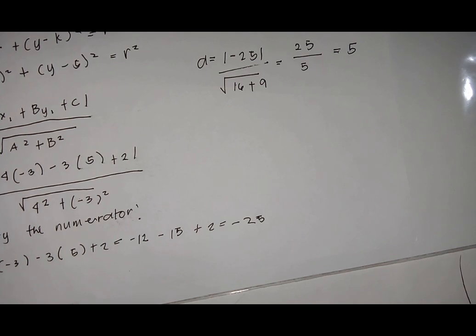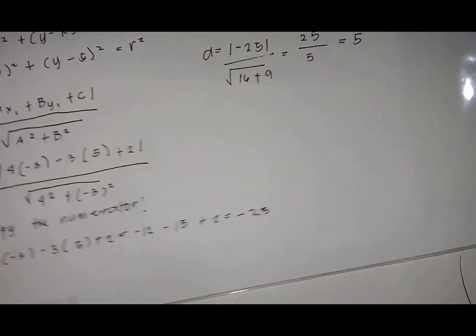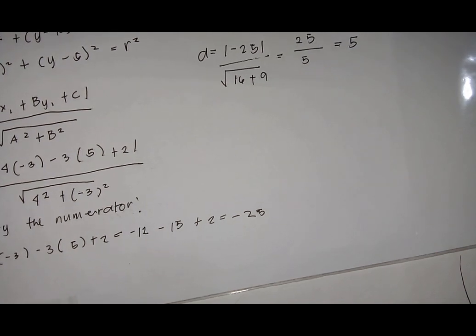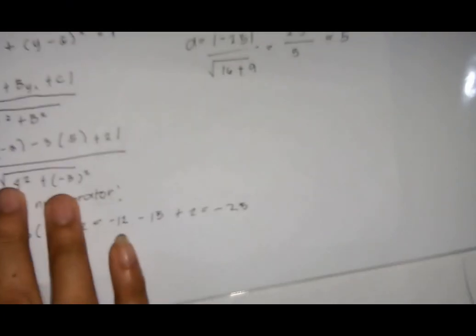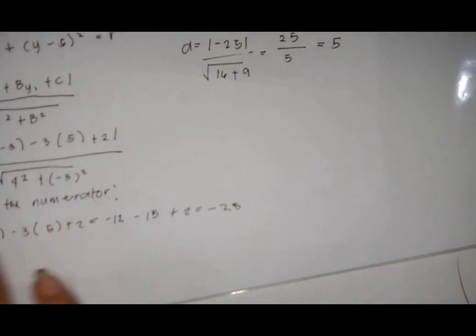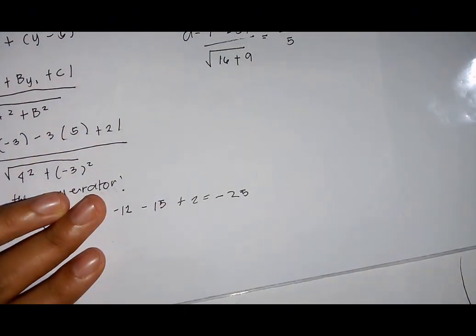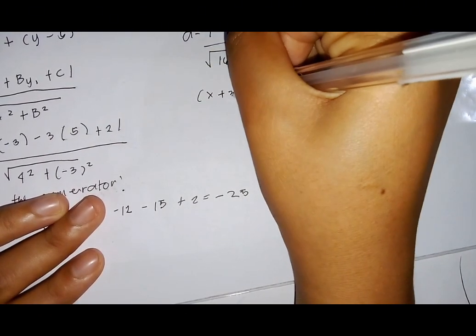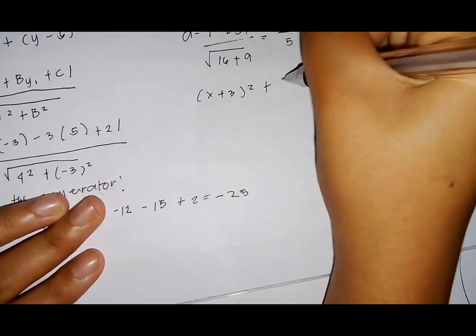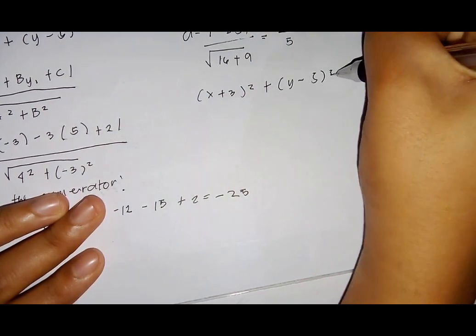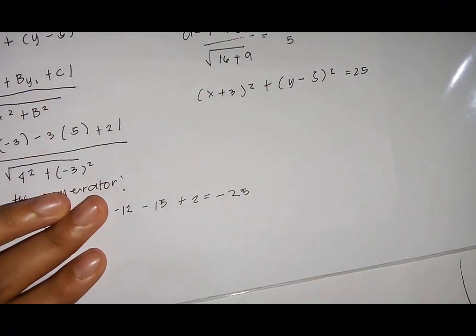So now, we know the radius. We can substitute r squared equals 25 into the equation of the circle. So we have x plus 3 squared plus y minus 5 squared is equal to 25. We can expand the equation to put it in general form.